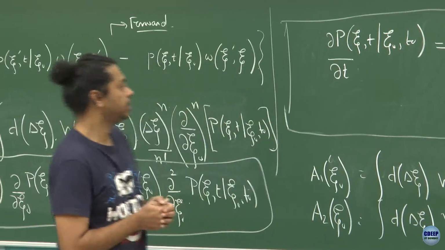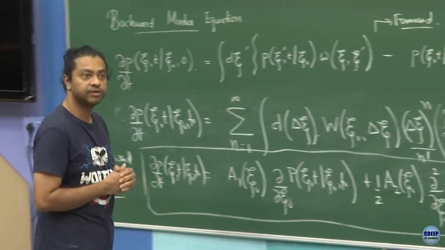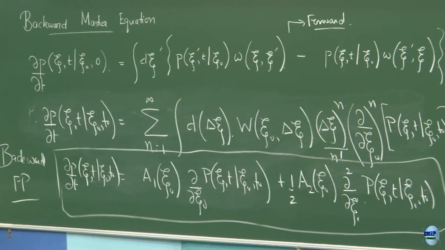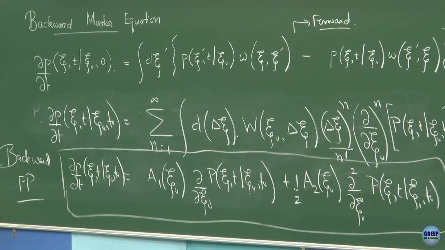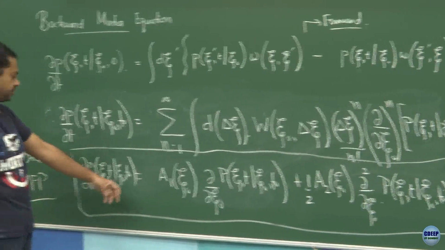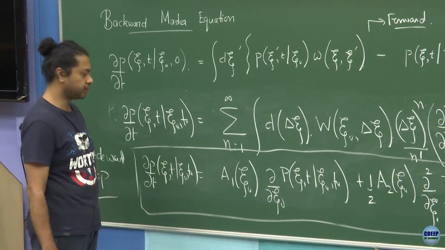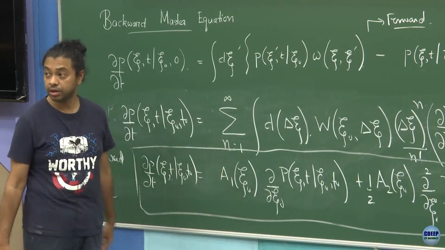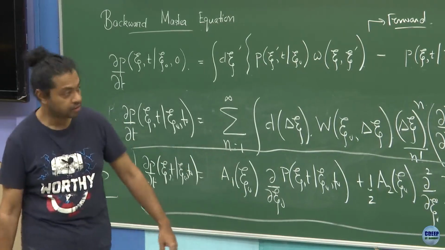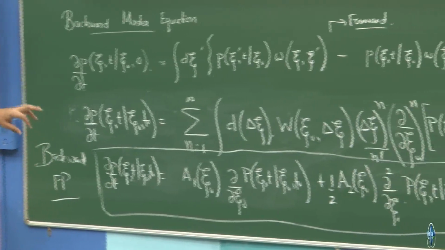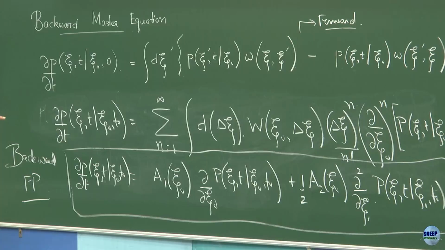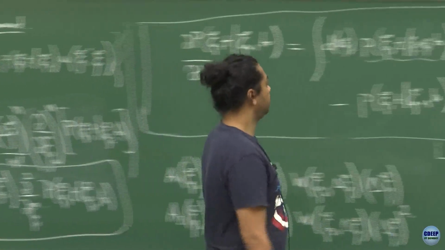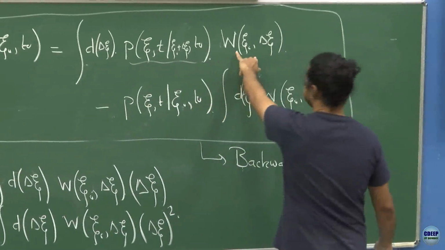Is this clear? Then I'll move to times essentially. So for example, for the random walk, what are your A1 and A2, your jump size distribution, for the backward master equation? What are your transition rates out of the initial sites?